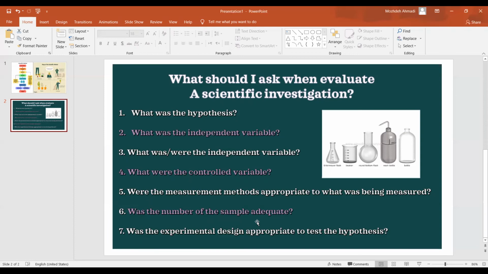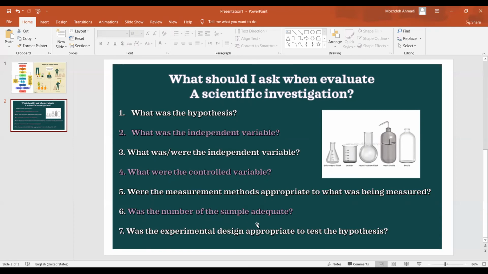For example, when you want to find the effect of a drug on a group of people, you should choose different people from different races, different sexes, different ethnicities. And the number of that sample should be adequate.